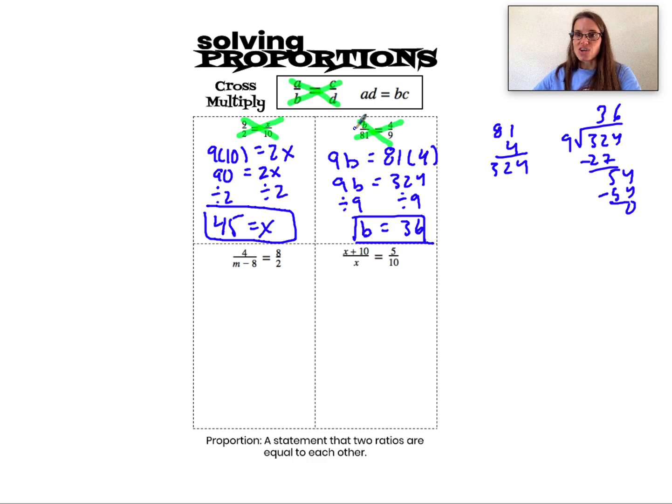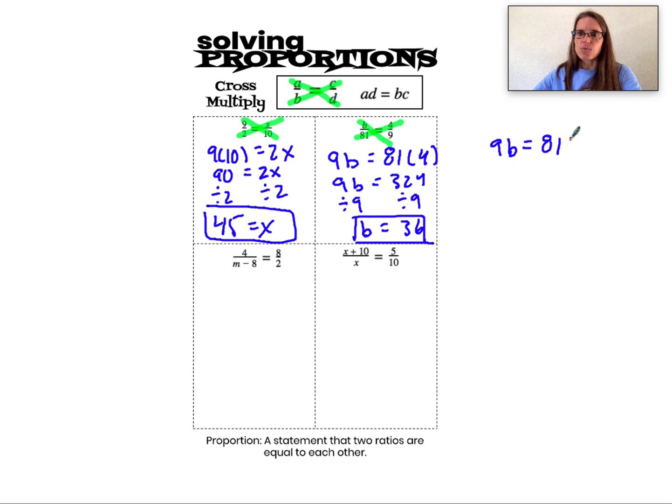So that is my solution, b equals 36. Notice that the 7th grade strategy works here. 9 times 9 gives me 81, so b is just 4 times 9. I want to point out, in cases where we do have these kinds of unpleasant computations, instead of multiplying 81 times 4, I could have first divided both sides of my equation by 9. That's okay. 9 is a factor of the left-hand side, and 9 is a factor of the right-hand side.